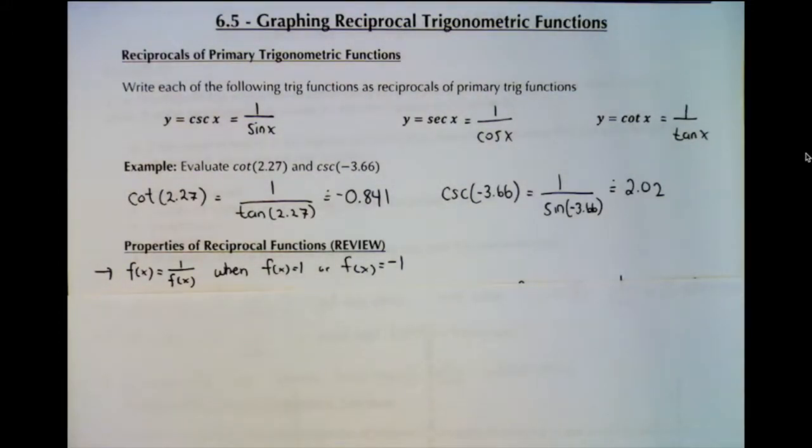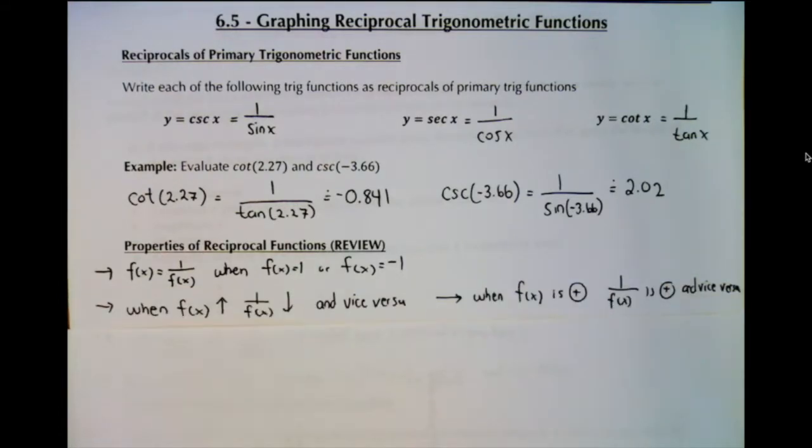So wherever the original function equals 1, the reciprocal function will also equal 1 at that point, because the reciprocal of 1 is 1. Same with negative 1. The reciprocal of negative 1 is negative 1. So that will be a shared point too. So at those y values, whichever x value the original function has that produces 1 or negative 1, the reciprocal will also be 1 or negative 1 at those spots. So we'll review that when we graph again.